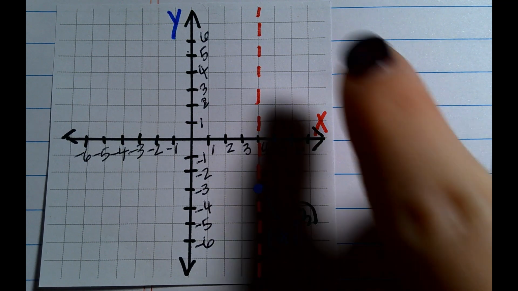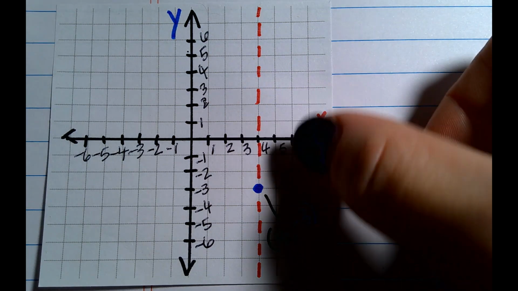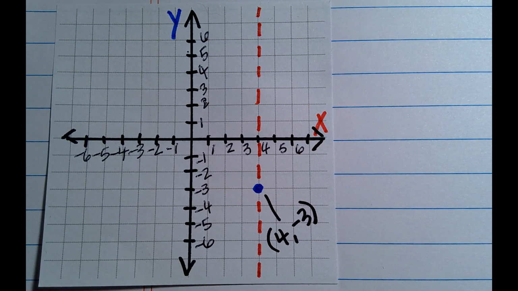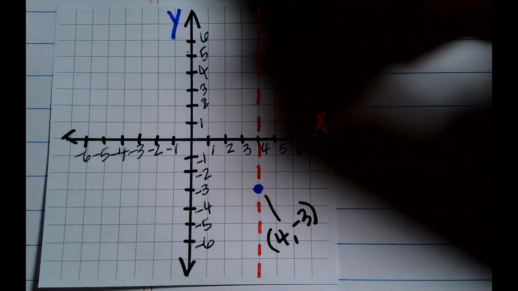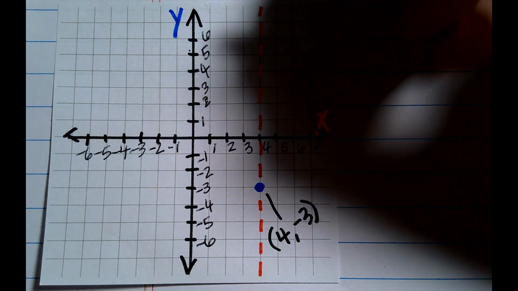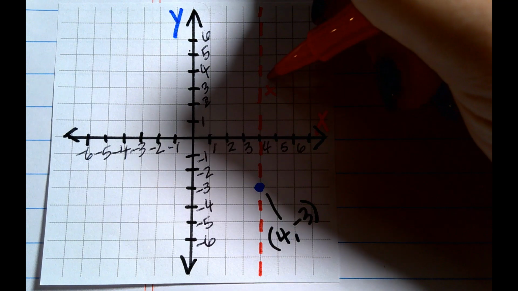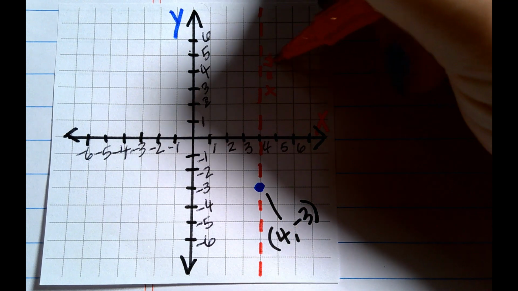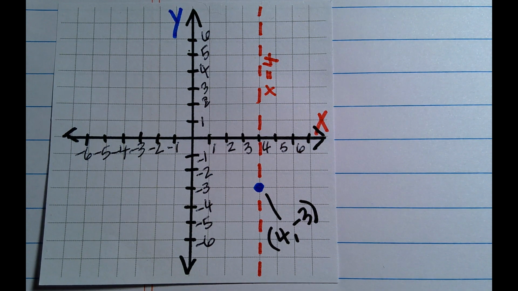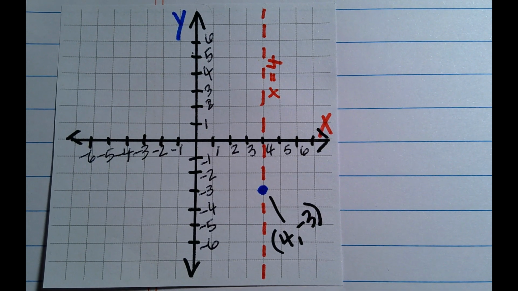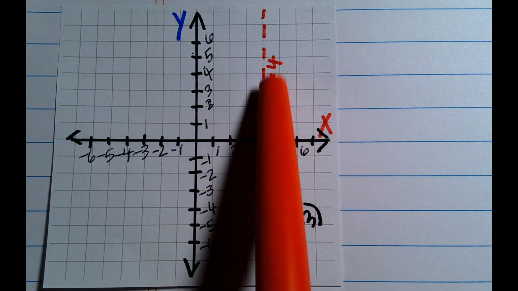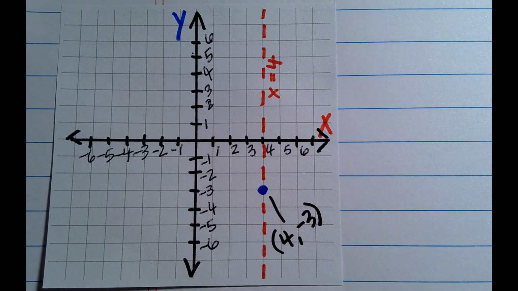So this dotted line should be going through the number 4 on the x-axis. And if we want, we can even label this line x equals 4, because no matter where you are on this line, the x value is 4.